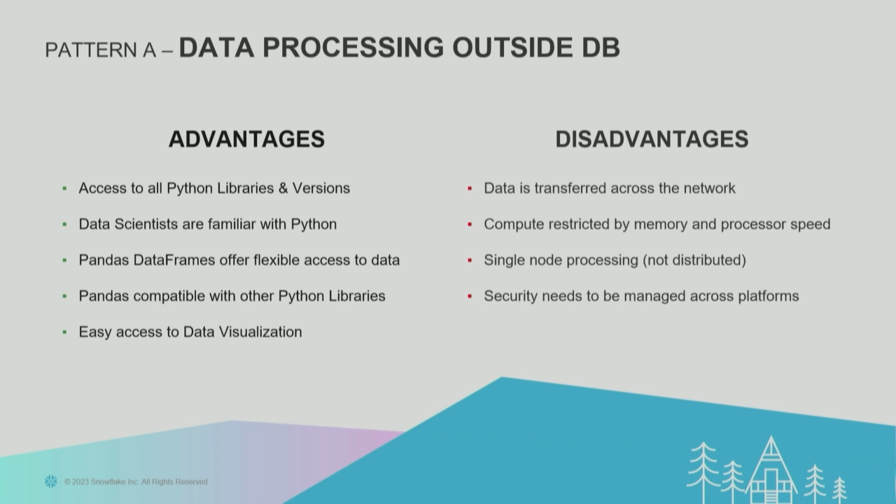Data scientists are obviously very familiar with Python, and the Pandas data frame object is a very flexible data structure. Not only does it have columnar metadata, but it also has row metadata. So you might think of row indexing, for example, as a very important attribute to have in data science.